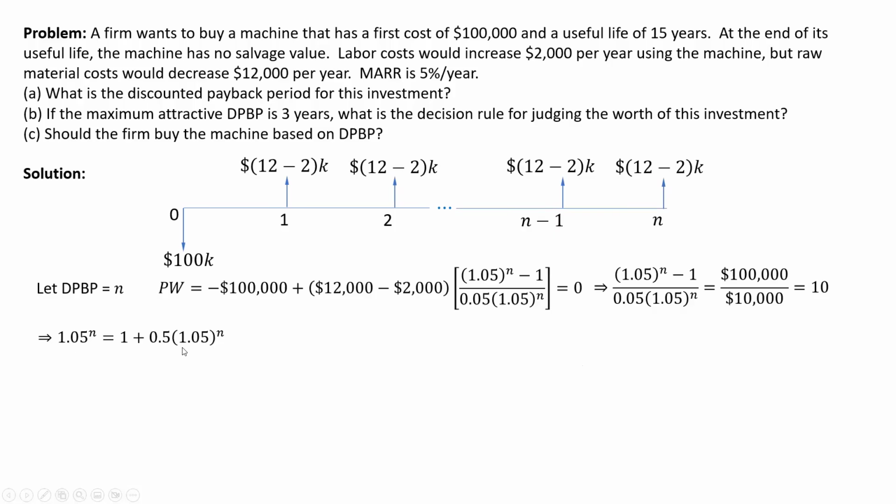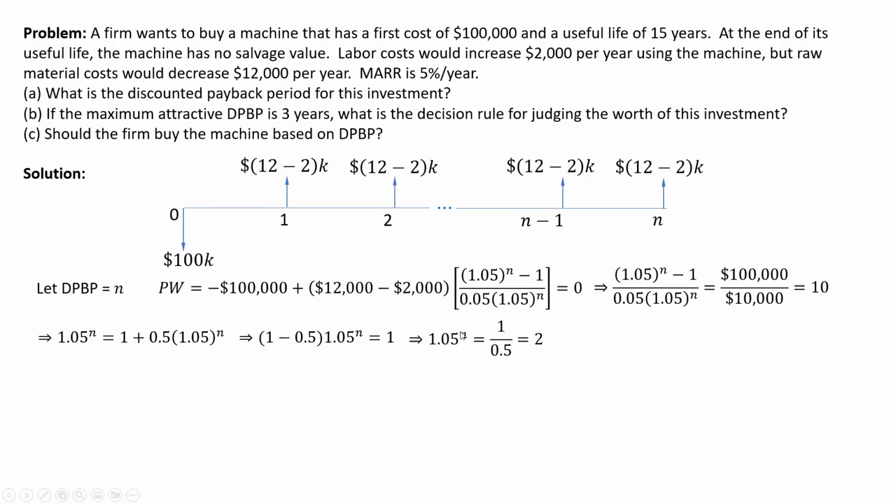Now, let's solve for 1.05 to the n by subtracting this from both sides. Factoring out a 1.05 to the n, we get 1 minus 0.5, and that should equal 1. So 1.05 to the n would be 1 over 1 minus 0.5, which is 1 over 0.5, which is equal to 2.